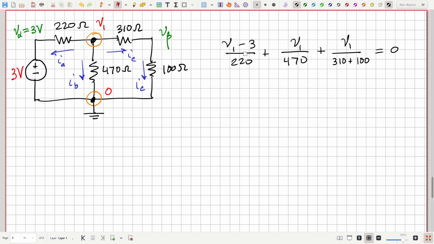So now let's collect all the V1 terms. So 1 over 220 plus 1 over 470 plus 1 over 410, times V1, is equal to the constant term, which is minus 3 over 220. Put it on the other side, it becomes plus 3 over 220.